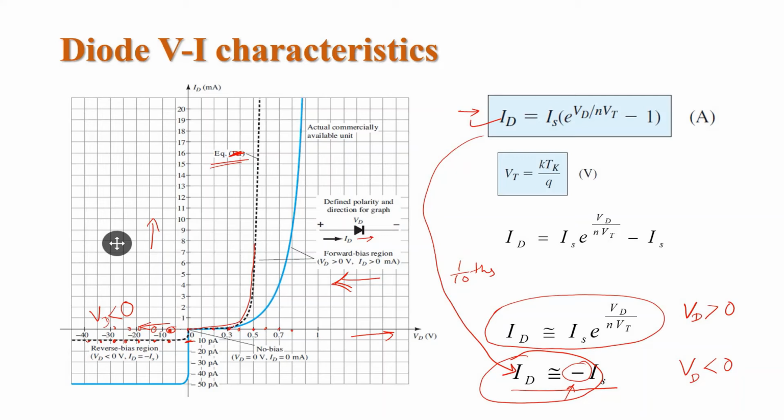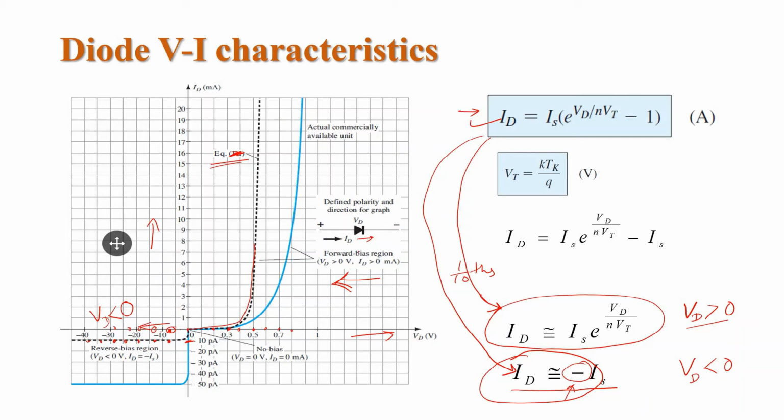Very small steps are being taken to increase the VD, and still we can sense very large changes in the ID, which is quite expected due to this approximation of the diode equation in the forward region when VD is greater than 0.